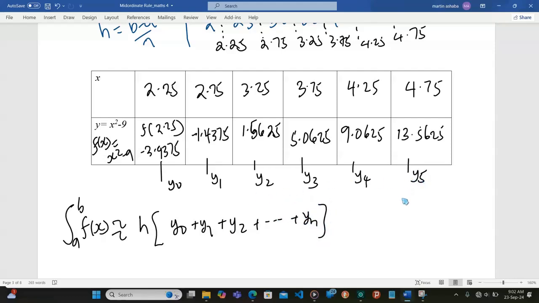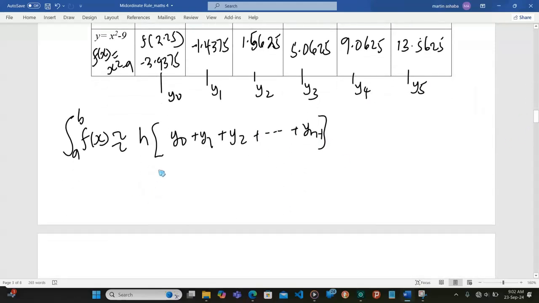Now, n here is 6, but if I start from y0, then I will end at y n minus 1.